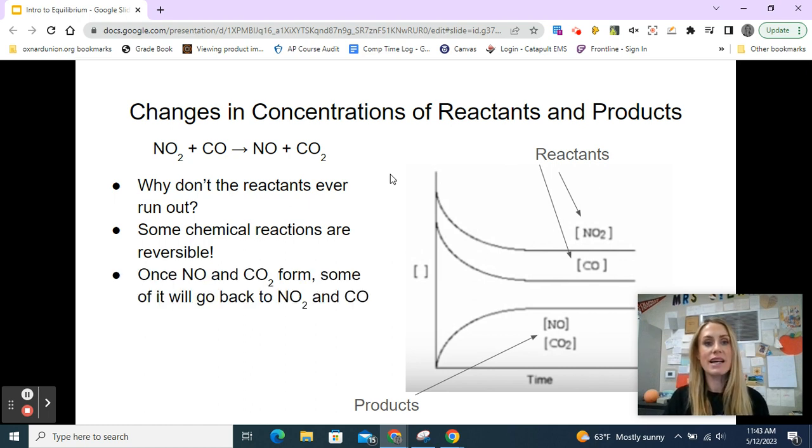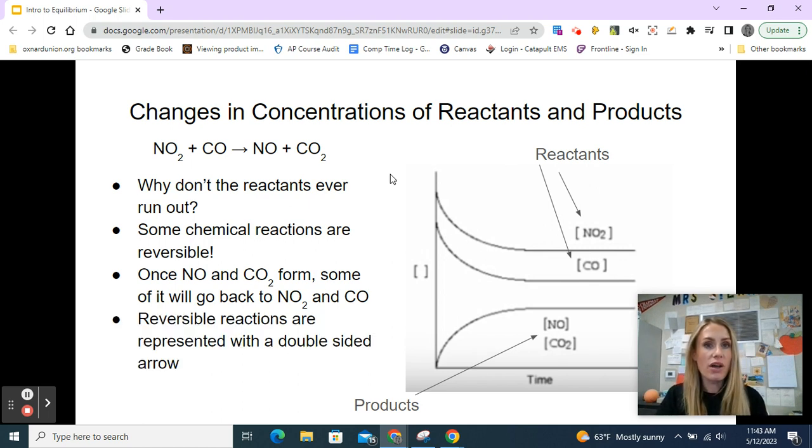And so once that nitrogen monoxide and carbon dioxide, our two products, form, some of those things will react together and go back to form nitrogen dioxide and carbon monoxide, our reactants. So this is called a reversible reaction, and we represent these with a double-sided arrow. It looks like this. So this means that this reaction can go forward. It can also go backward.